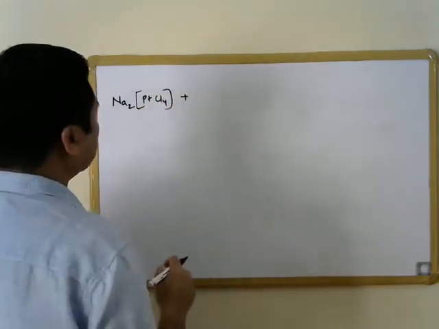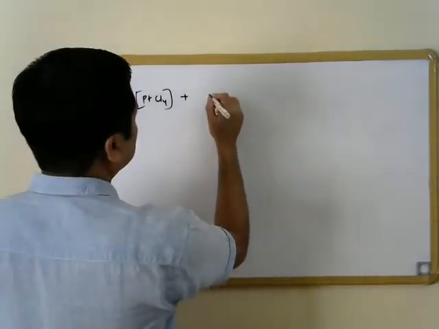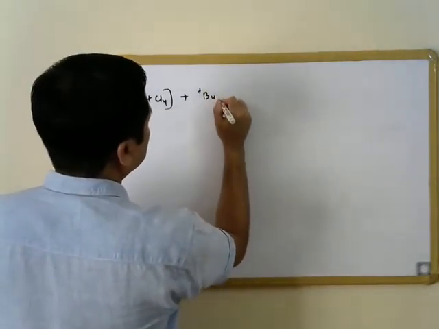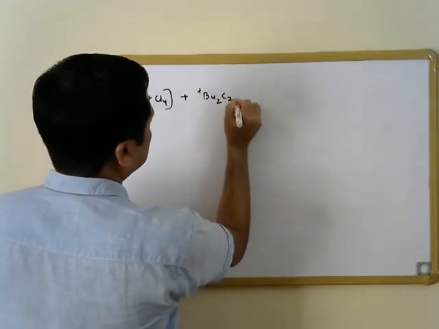So you can take this platinum complex and react it with di-tert-butyl acetylene.